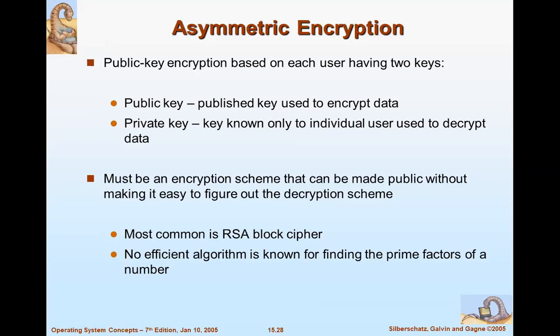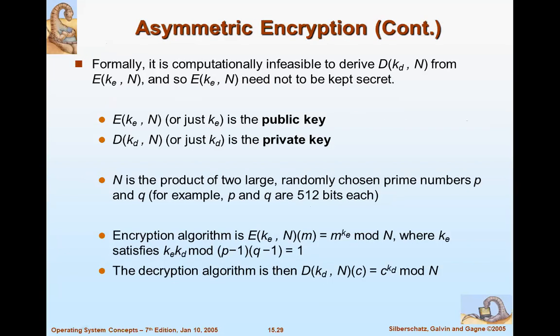It must be an encryption scheme that can be made public without making it easy to figure out the decryption scheme. The most common algorithm is RSA, which is a block cipher, and no efficient algorithm is known for finding the prime factors of a number as well.